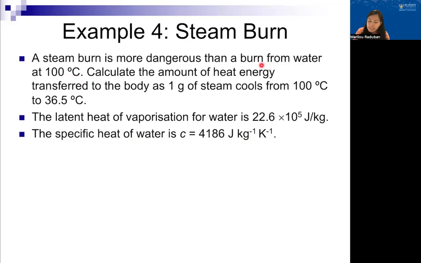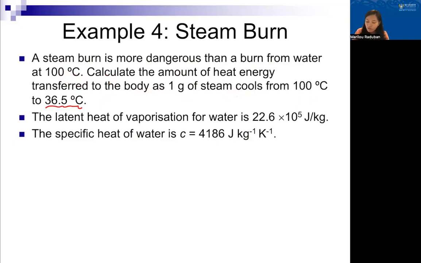Initially, steam is at 100 degrees Celsius, and then that steam touches the skin. The skin temperature is at 36.5 degrees Celsius. We want to calculate how much heat is transferred to the body as a result of 1 gram of steam cooling down from 100 degrees Celsius to 36.5 degrees Celsius.